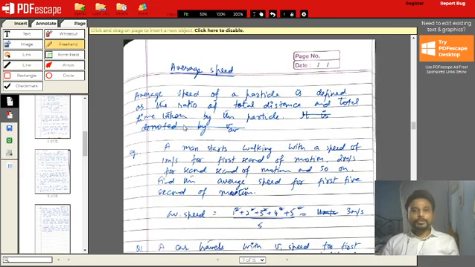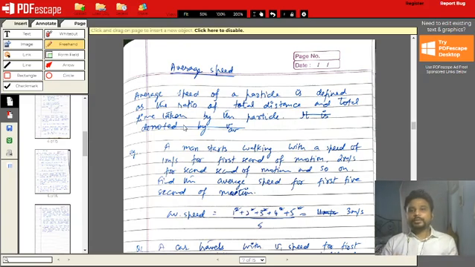Next, we talk about speed. Now, after discussing where the particle is and how we are going to measure the new position of the particle from its initial position, we want to talk about how fast the particle is moving between the initial and final position, along which path it is going to travel.